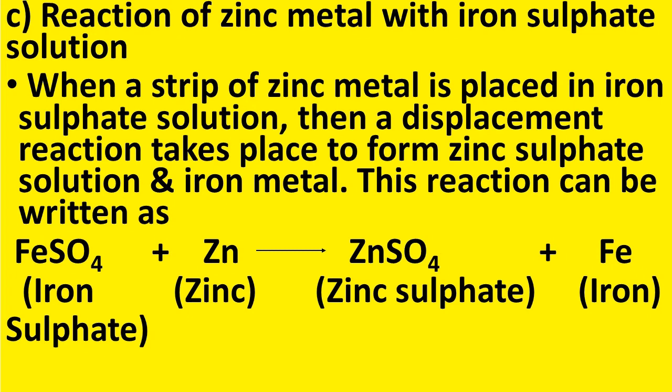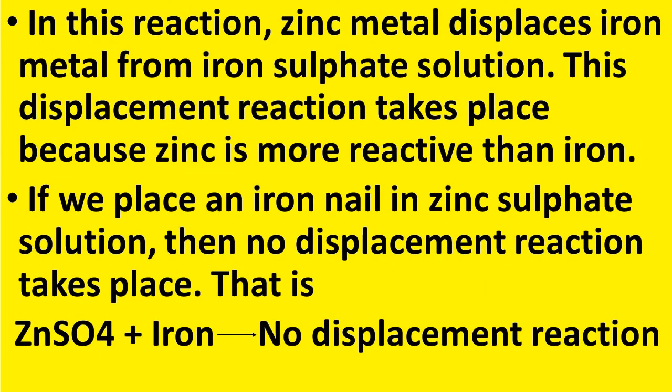Therefore, let us see how this reaction takes place. In this reaction, zinc metal displaces iron metal from iron sulfate solution. This displacement reaction takes place because zinc is more reactive than iron. So here what has happened? Zinc metal displaces iron from its iron sulfate solution.